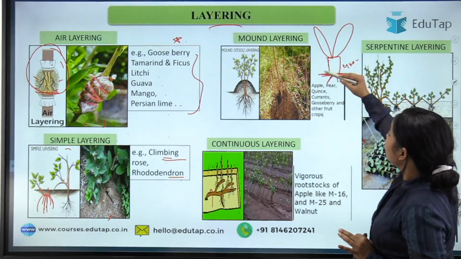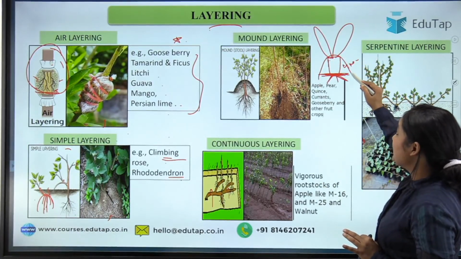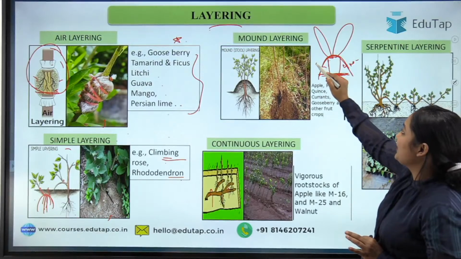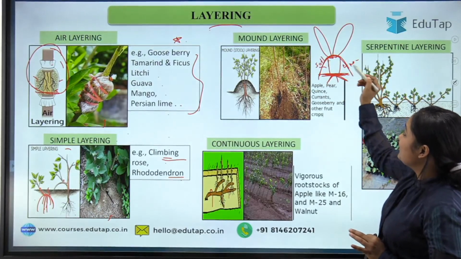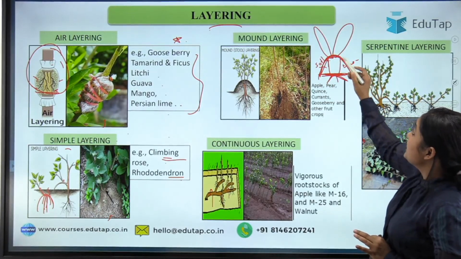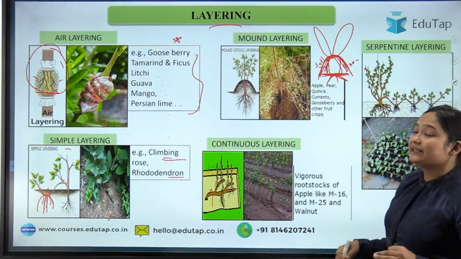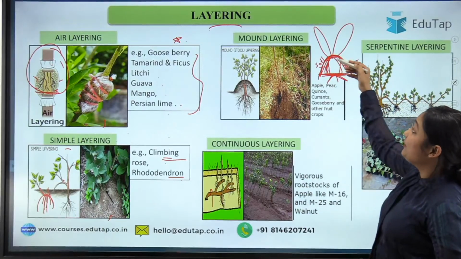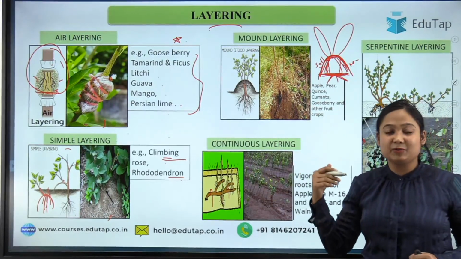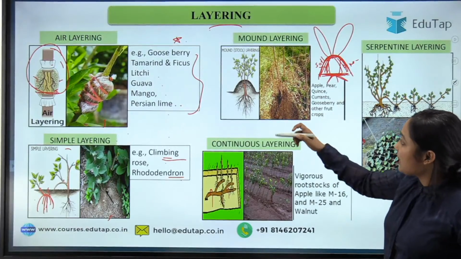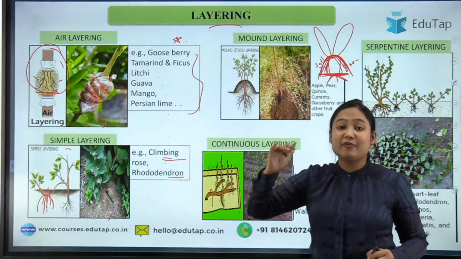So what we will do, we will make a mound like structure with the help of soil. And once we have made this mound, these 2 branches will start growing their own roots and will act as 2 plants. If there are 3 branches, you can grow 3 plants simultaneously. If there are 4, the number of branches will develop into the number of plants.